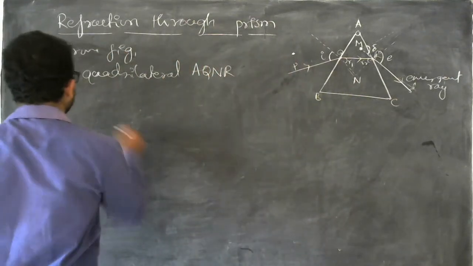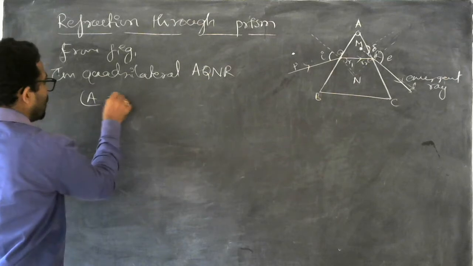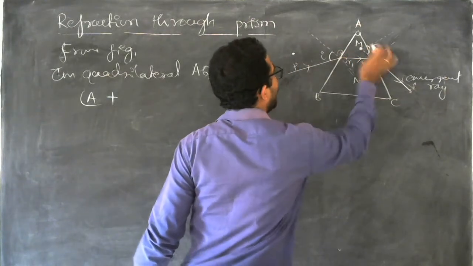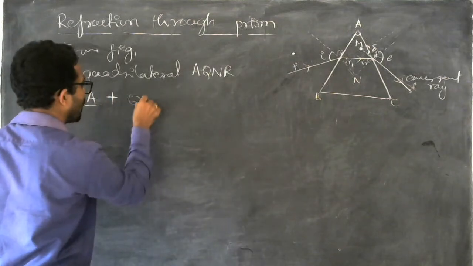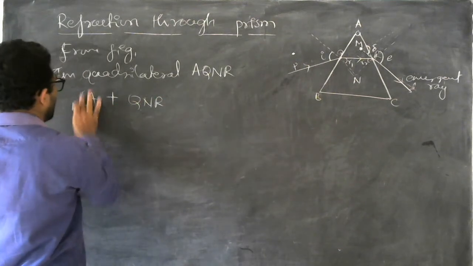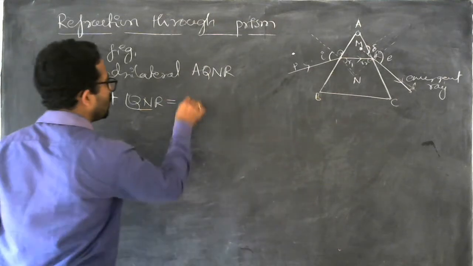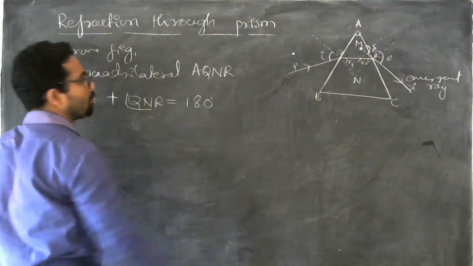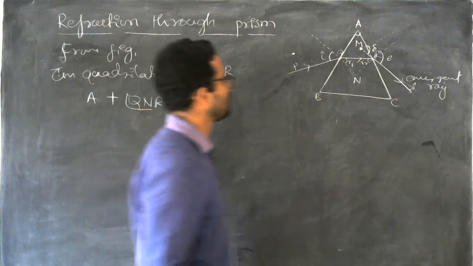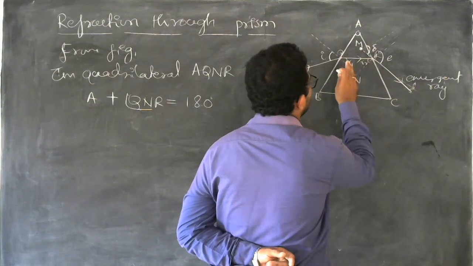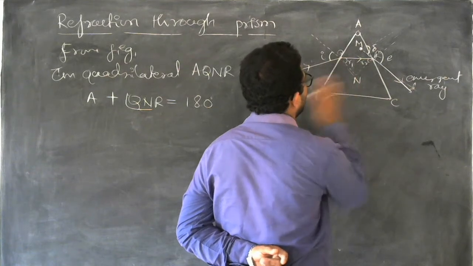So I am taking angle A plus angle QNR, A plus QNR equal to 180 degrees. Okay, 180 degrees. Now let us do some more arrangements.